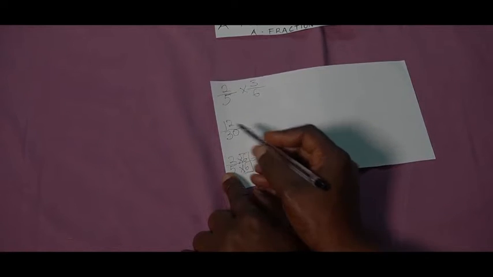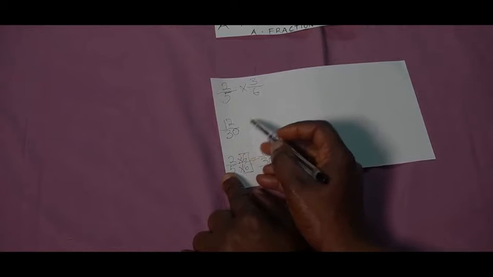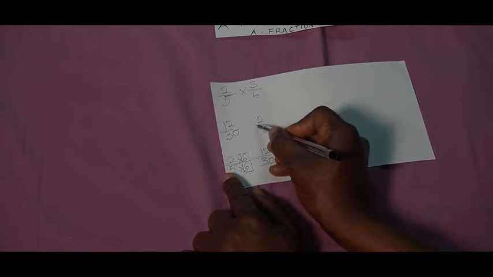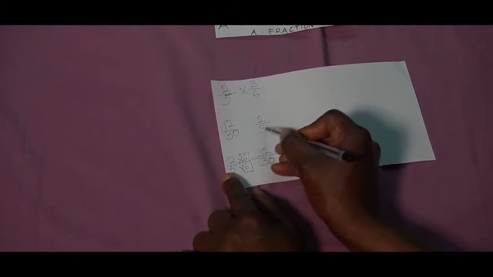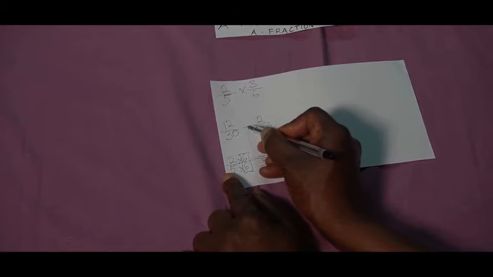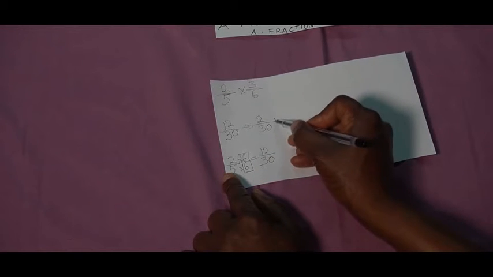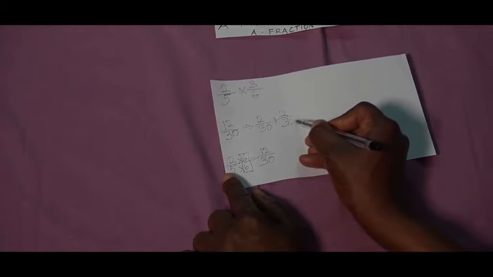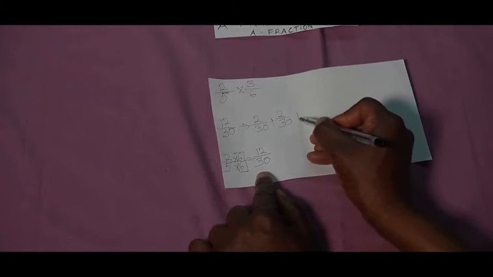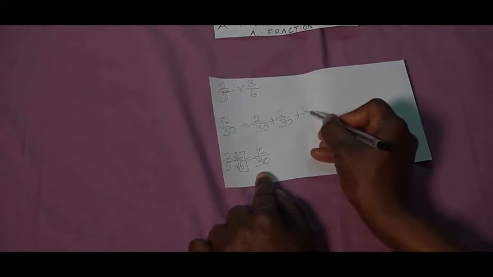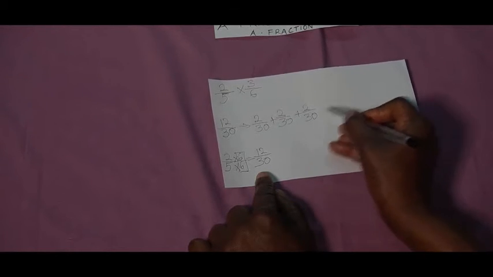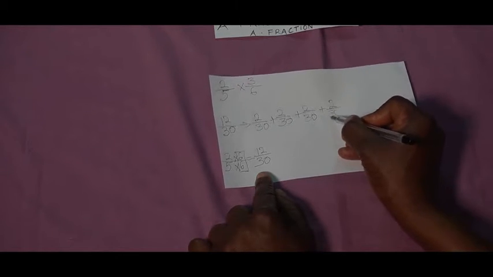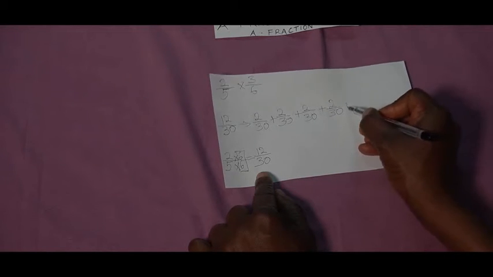If I divide 12/30 into groups of 6, that will give me 2/30 plus 2 plus 2 plus 2 plus 2.